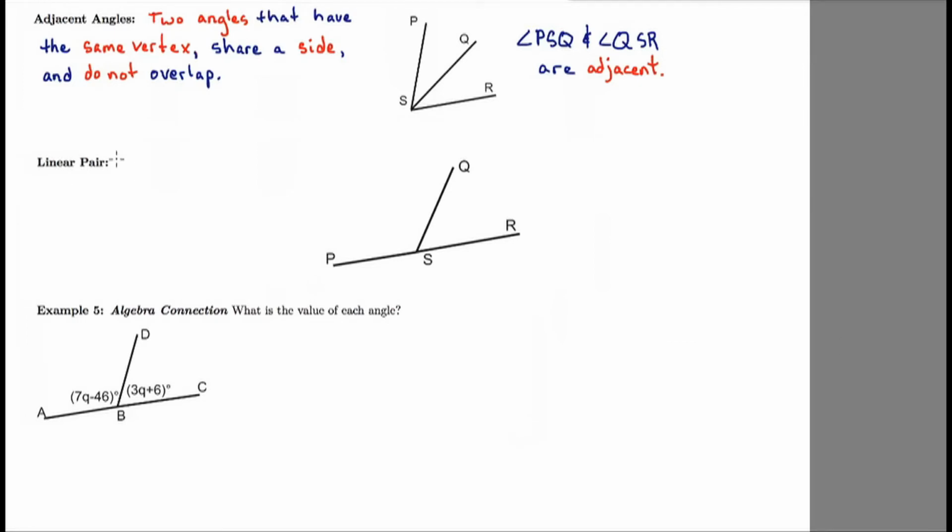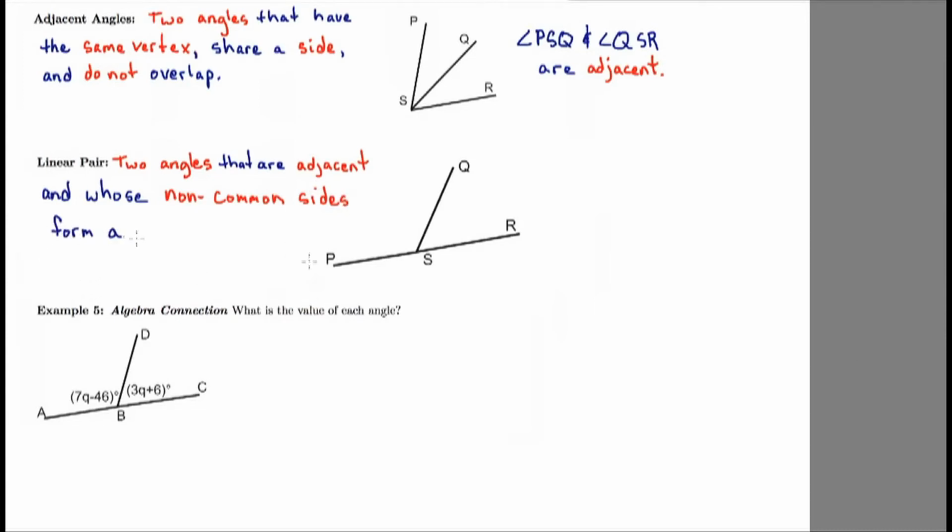Linear pair. Two angles that are adjacent, which means that they are next to each other and share the same vertex and don't overlap, and whose non-common sides form a straight line.